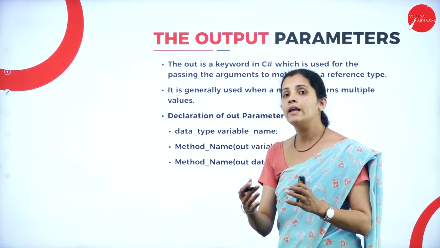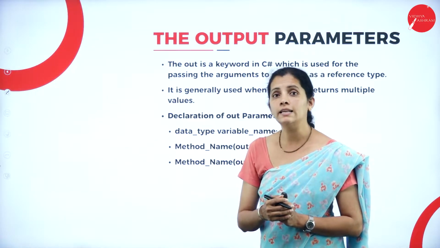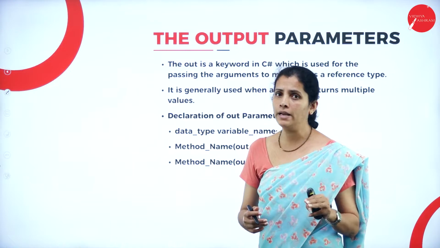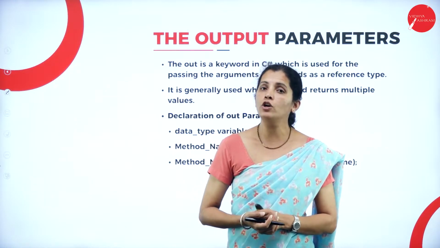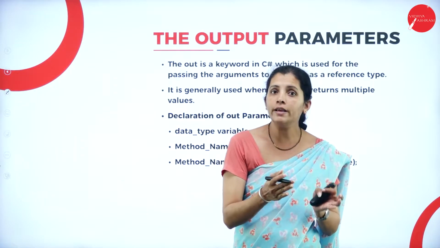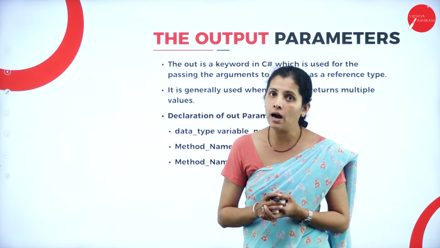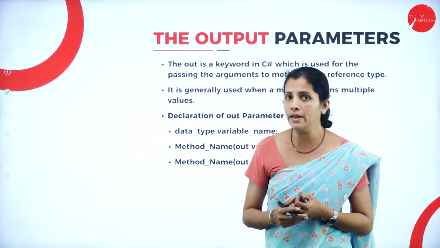Now, why do I require output parameter? Before that, let's discuss what is parameter. That means if I want to pass the value from calling method to called method, how am I going to pass it? With the help of parameters.